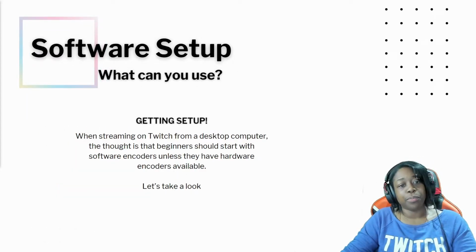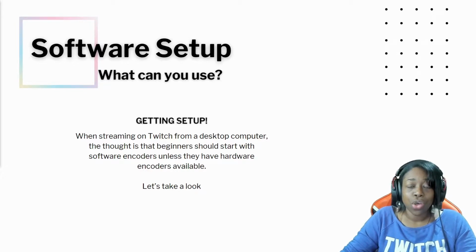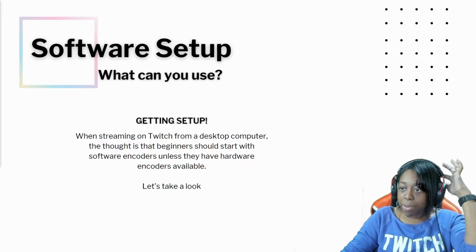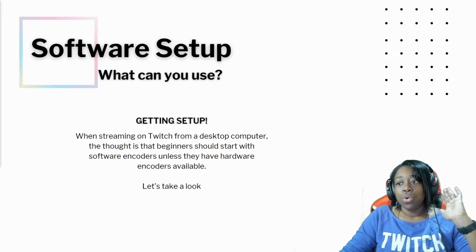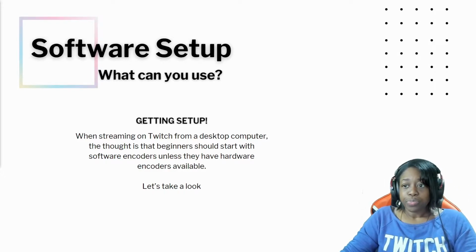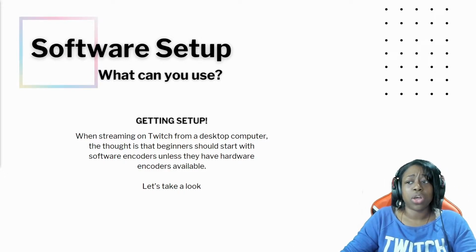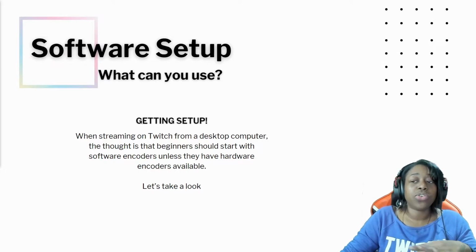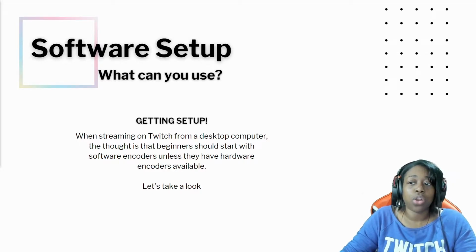Software setup is something that can be really easy or really difficult. It very much depends on what you're setting up for. So when streaming on Twitch from a desktop computer, the thought is that beginners should start with software encoders, unless they have hardware encoders available.